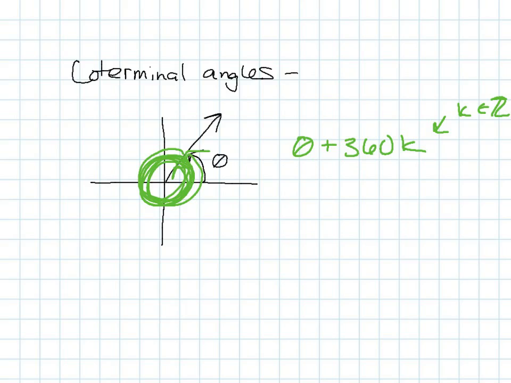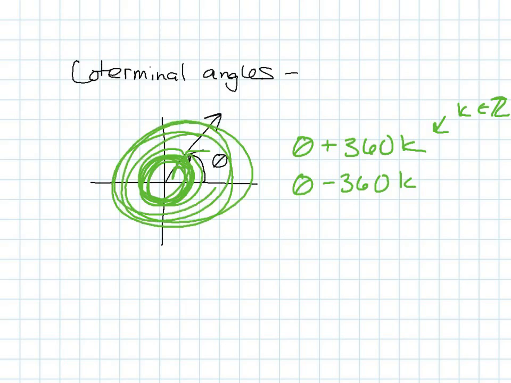So taking 360 times 3 and adding it to your theta would give you your new coterminal angle. I can also do the same thing by subtracting 360 by an amount of k. So I can go in either direction.